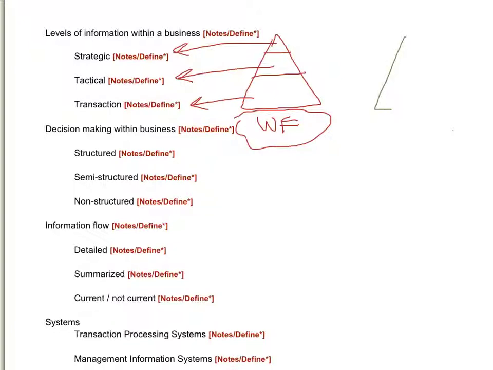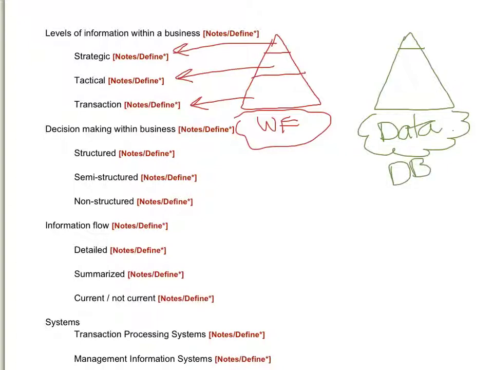Over here, then I'm going to draw levels of information. Down here, it looks like an upside down ice cream cone. Down here we have our data, and that data is organized using a database management system.